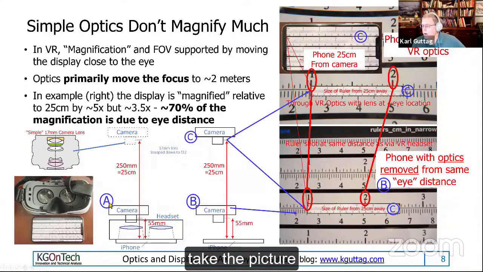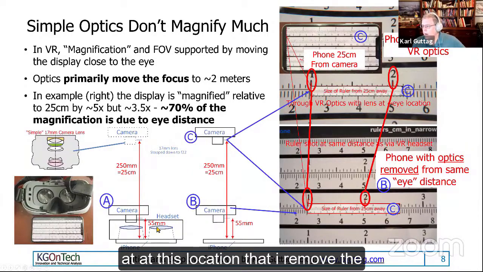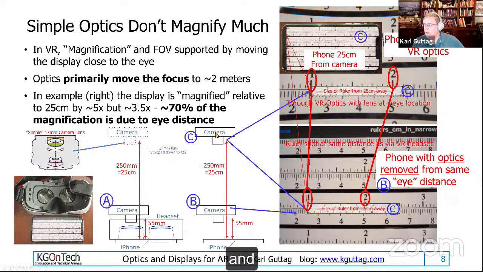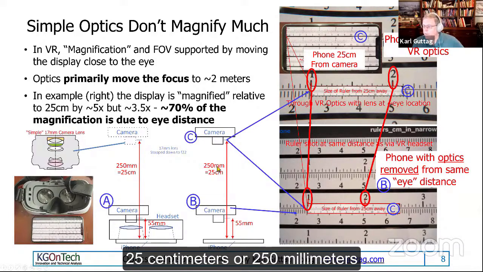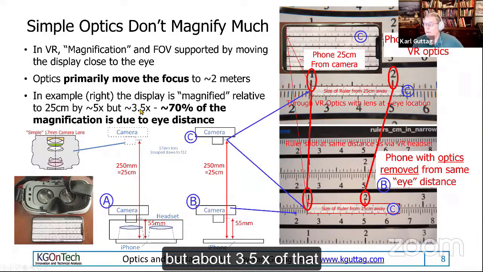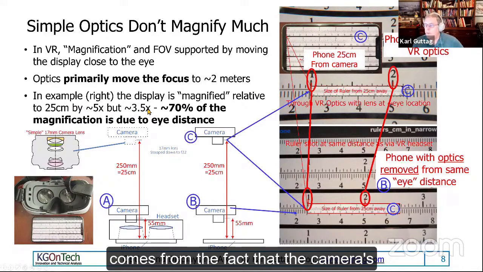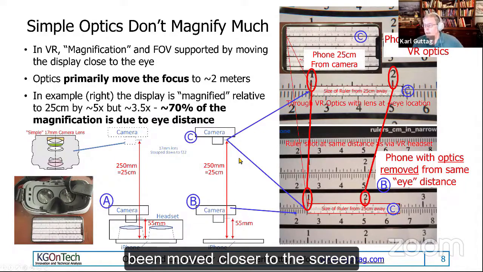And I take the picture at this location, then I remove the headset, take the picture from the same location, and nominally magnification is measured at 25 centimeters or 250 millimeters. Well, if I do that, we find that the image is going to be magnified through that headset by about 5x, but about 3.5x of that comes from the fact that the camera's been moved closer to the screen.